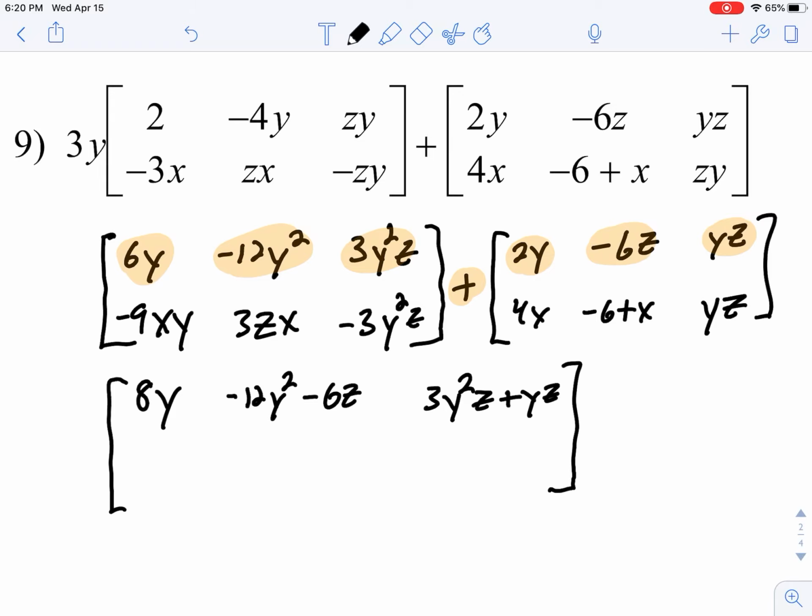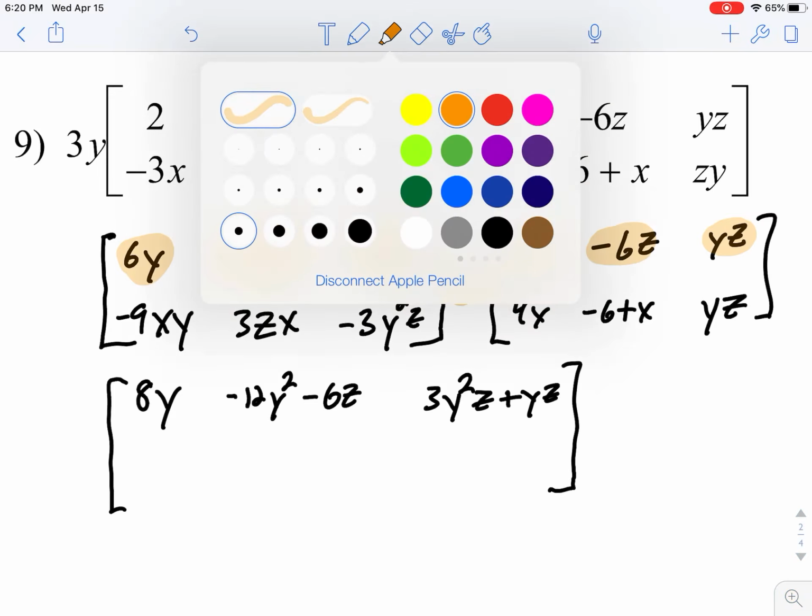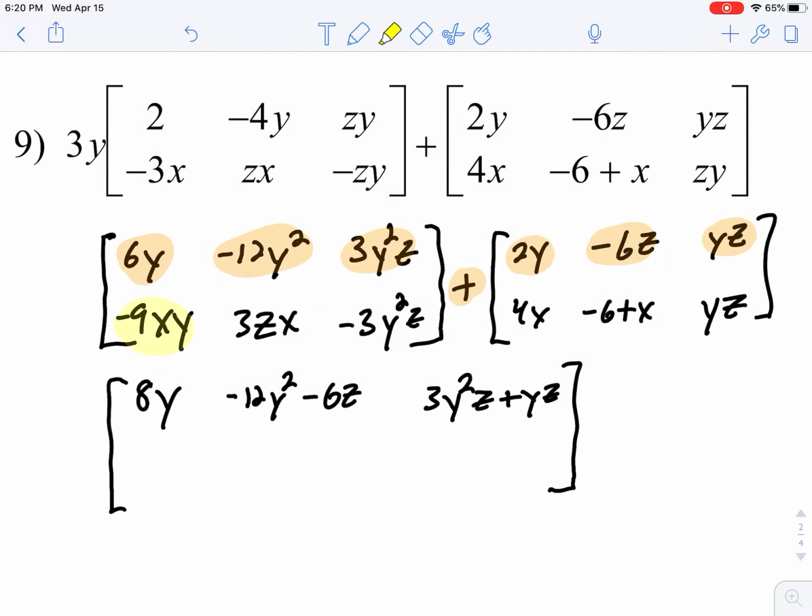Now I need to do the bottom row. Let me change colors for the bottom. This plus that. Not like terms. So negative 9xy plus 4x. This plus that. Not like terms.